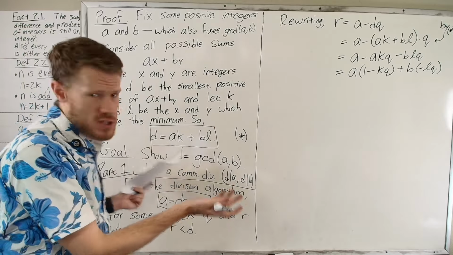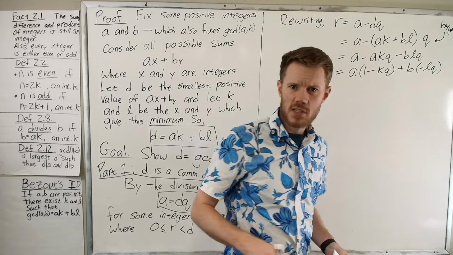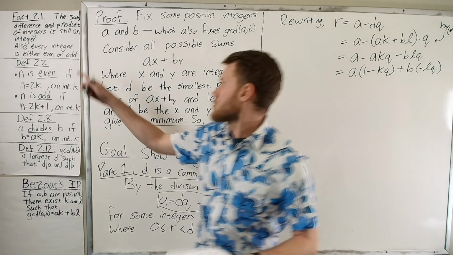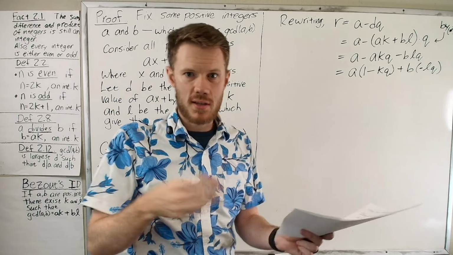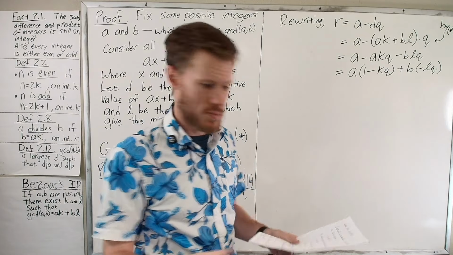And X and Y have to be integers. Are those guaranteed to be integers? Yeah, that's what fact 2.1 said. Any combination of integers, adding, subtracting, multiplying, is still going to be an integer.